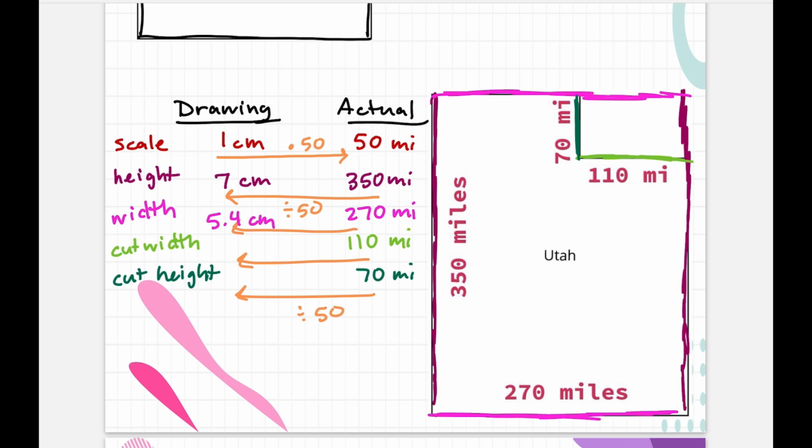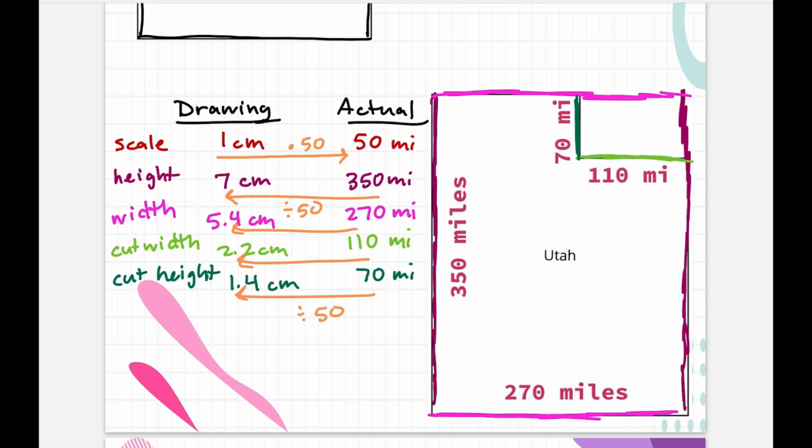That still is 110. So again, I'm taking this number, working backwards, dividing by 50, typing it into the calculator, and I have my cutout width is going to be 2.2 centimeters. And our last calculation, starting at the 70, working backwards, dividing by 50, I type in 70 divided by 50, and I get a distance of 1.4 centimeters.